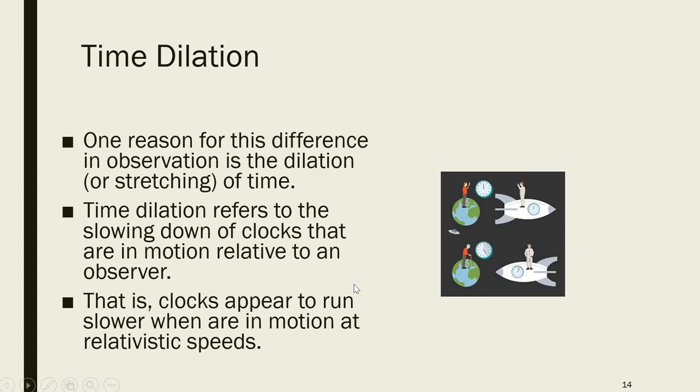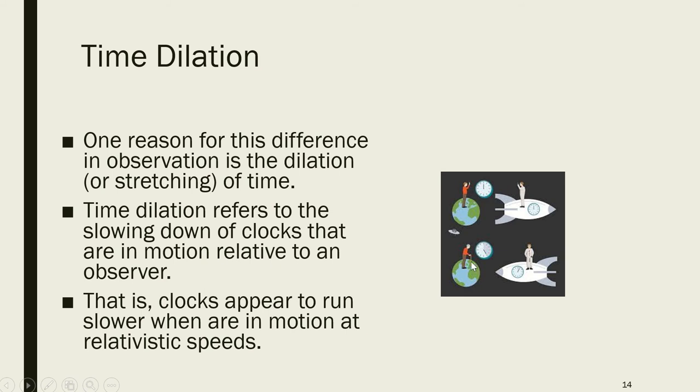Now, time dilation. The reason for different events being observed from different frames of reference is that time can actually be dilated or stretched or increased. Basically, time dilation refers to that slowing down of clocks that are in motion relative to an observer.